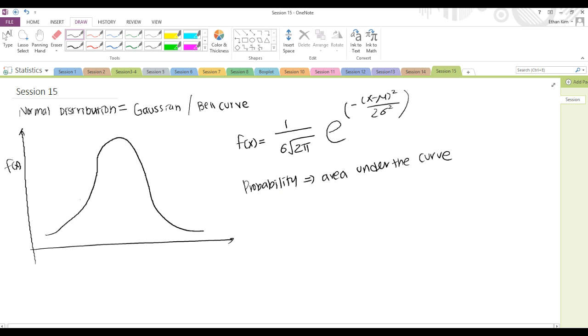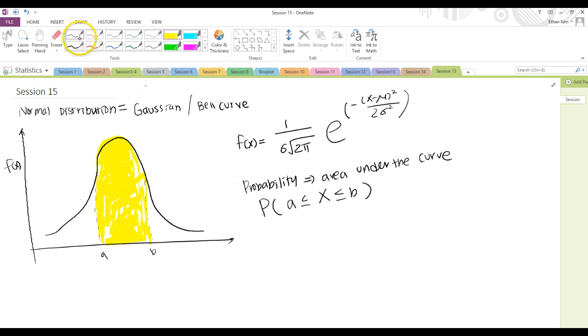So if we're looking at the probability of x being in between a and b, that's going to be this area right here, and this corresponds to the probability of x being between a and b.